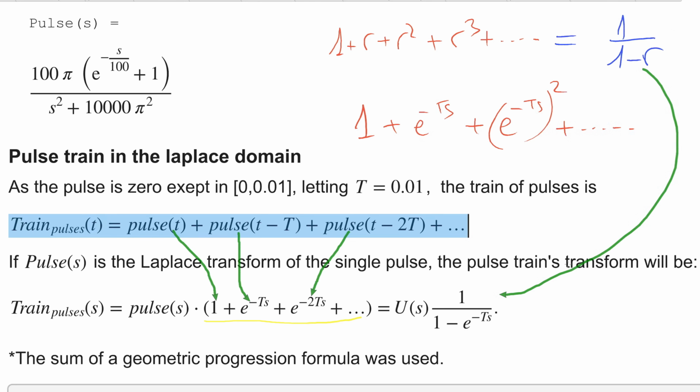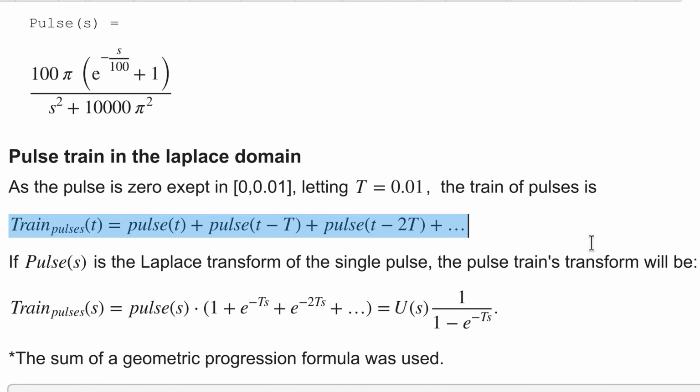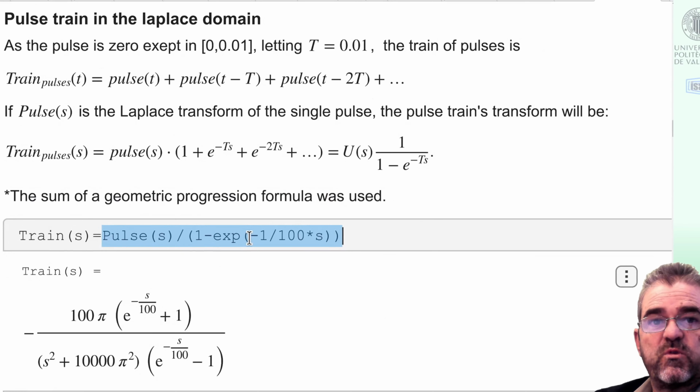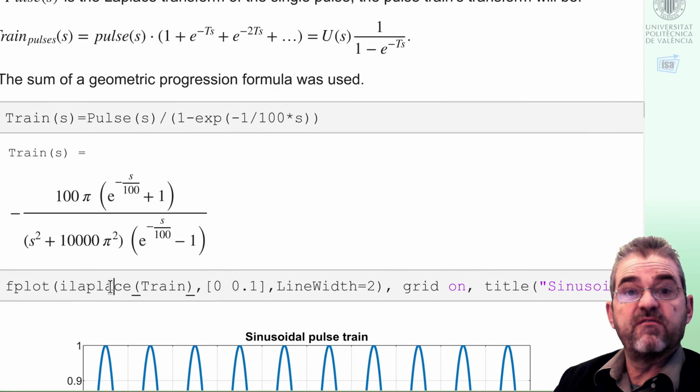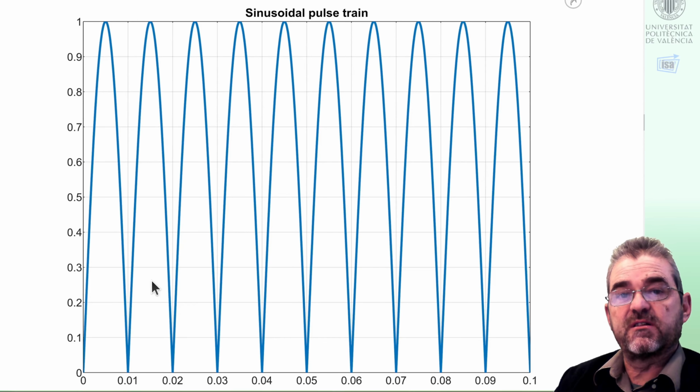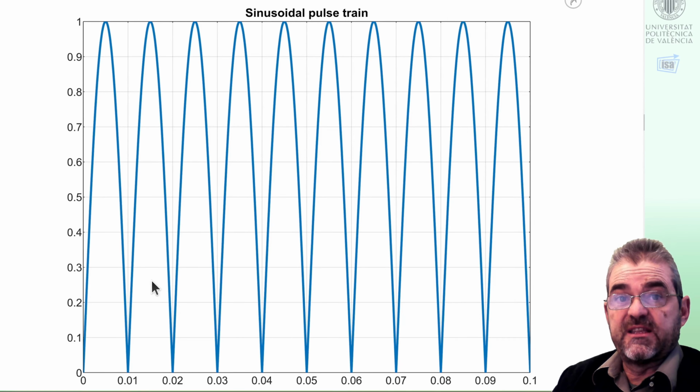Then we have the Laplace transform of the sinusoidal pulse train, just multiplying this thing times this 1 over 1 minus the exponential of minus Ts. If we check it, this is what we just said, so this is the Laplace transform of the sinusoidal pulse train, and if I plot its inverse Laplace transform from the symbolic toolbox, then MATLAB is happy to present us this figure confirming that we did it correctly. So we have the Laplace transform.